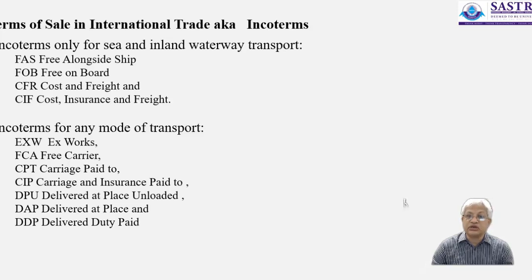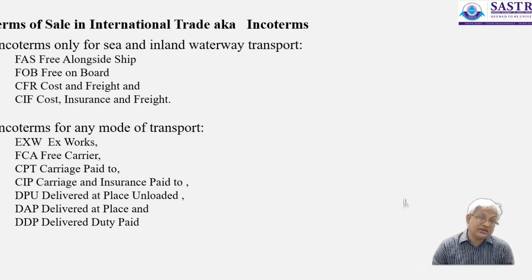Now the second part of Incoterms can be used in any mode of transport including sea shipments. That is Ex-Works, FCA, that is free carrier, CPT is carriage paid to, CIP is carriage and insurance paid to, DPU stands for delivered at place unloaded. Next is DAP, delivered at place, and finally DDP, that is delivered duty paid. So we have one in the E group, that is Ex-Works.